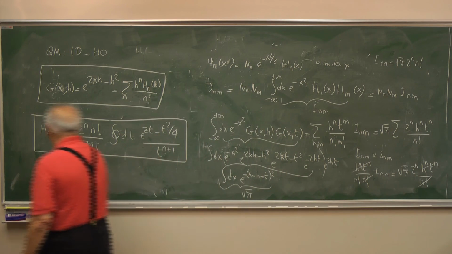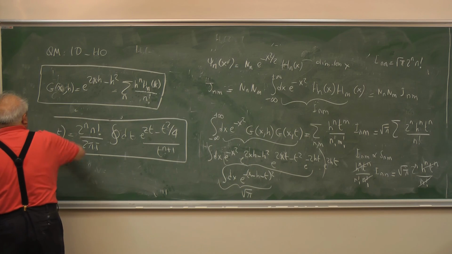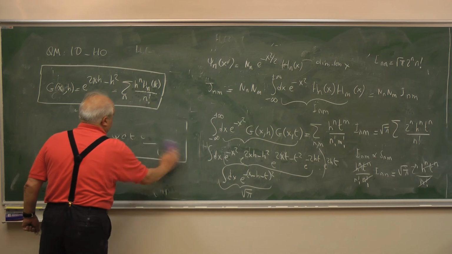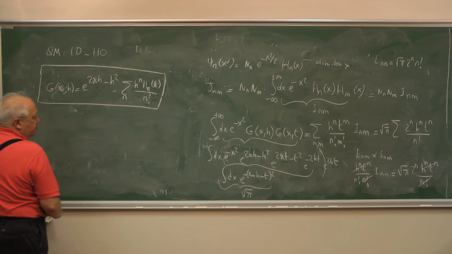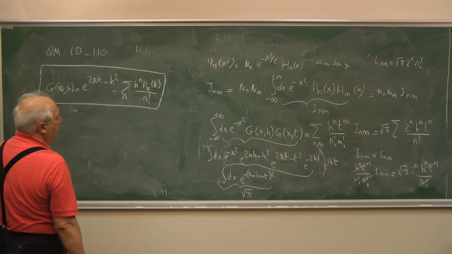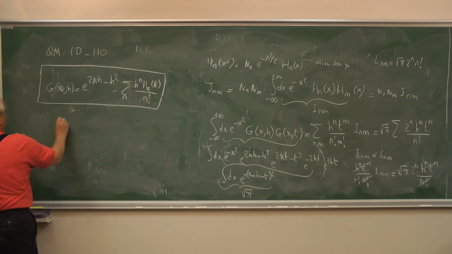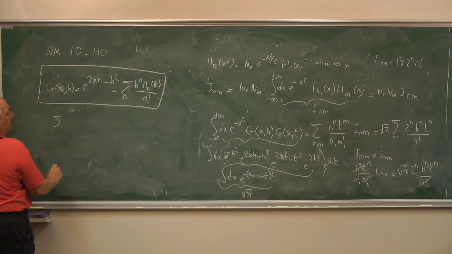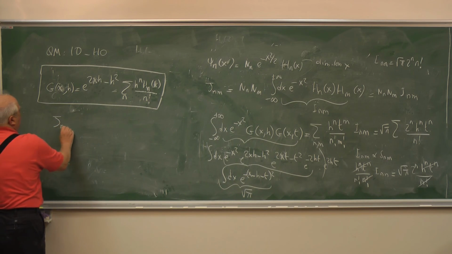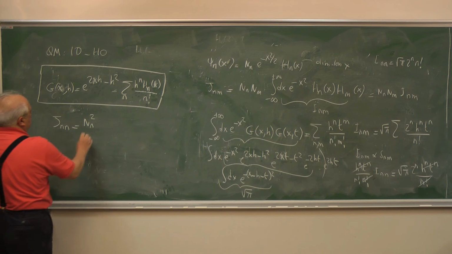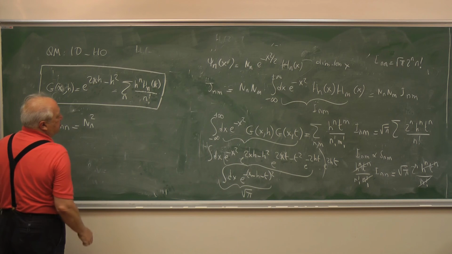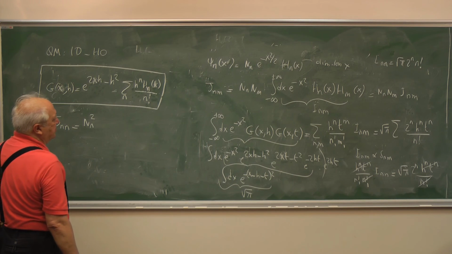I will erase this one. So J nn will be N n square. We can make it absolute square, but everything is real, so it doesn't matter.